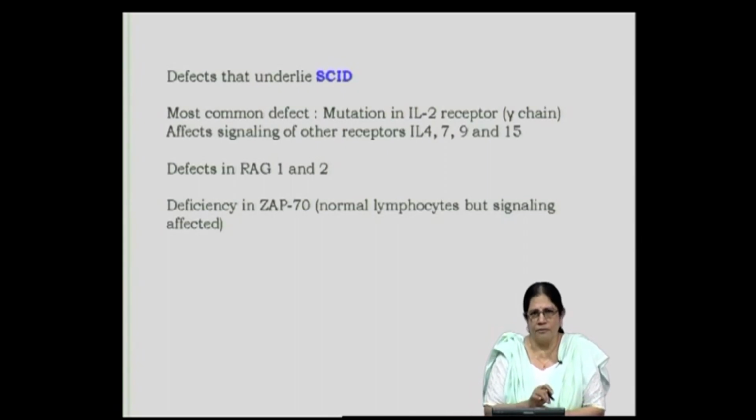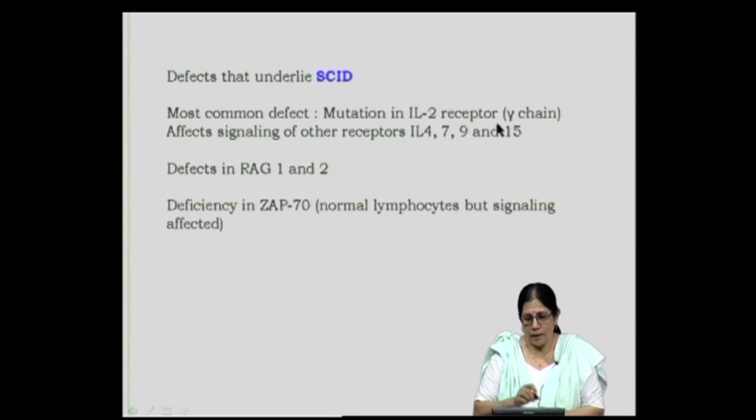The most common defect under SCID is mutation in the interleukin 2 receptor gamma chain. Now, interleukin 2 receptor, I hope this rings a bell. Interleukin 2 receptor is absolutely essential for the signaling of T cells. It is also required for B cells, but you also have interleukin 4 and 5 receptors that can take over.